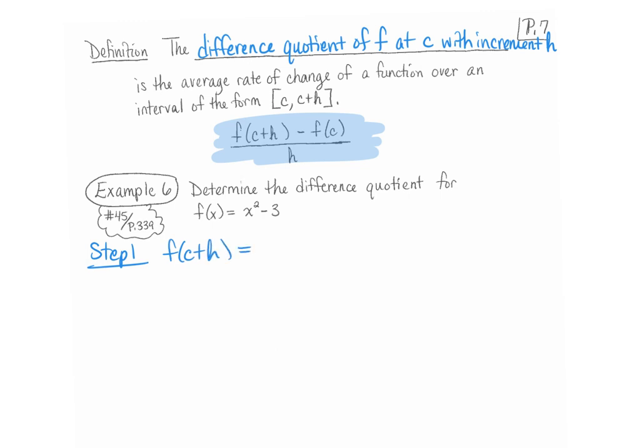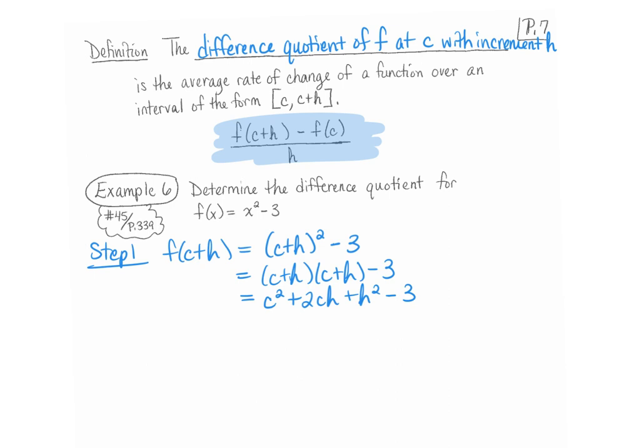That's equal to c plus h quantity squared minus 3. Using the FOIL method, that's c plus h times the quantity c plus h, minus 3. Expand, and you get c squared plus 2ch plus h squared minus 3. We cannot combine any terms.